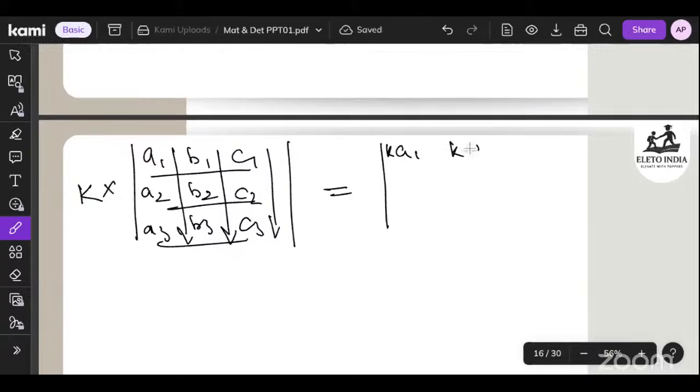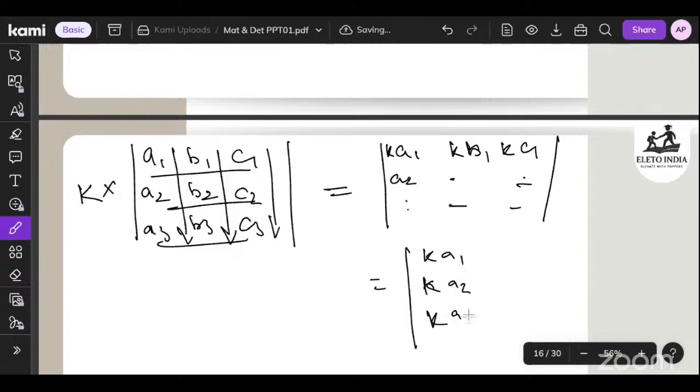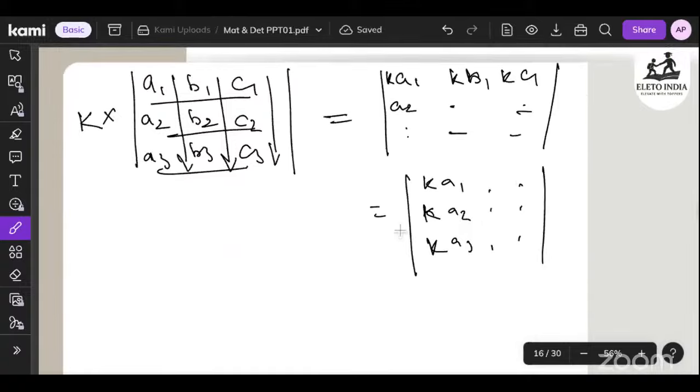It is b1, k c1, and then it will be the same here, or else you can write it as ka1, ka2, ka3, and all the terms again the same terms. As I told you before, we can also take common terms. It is the reverse.